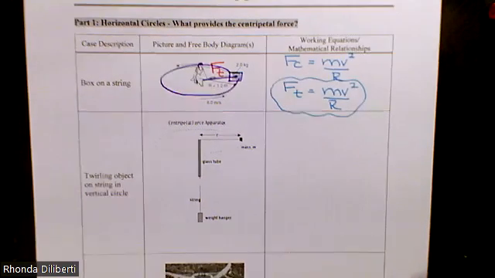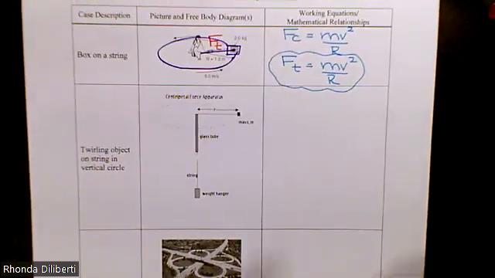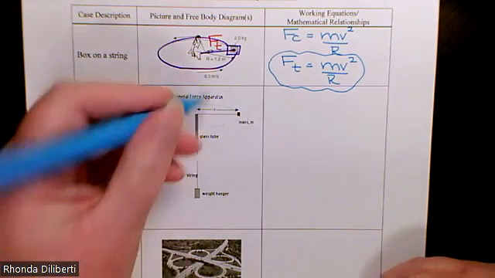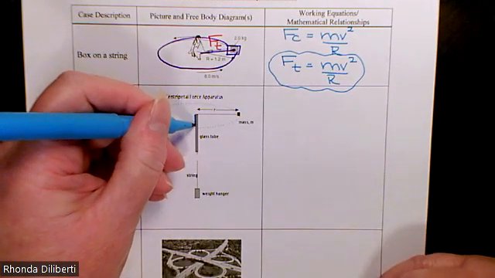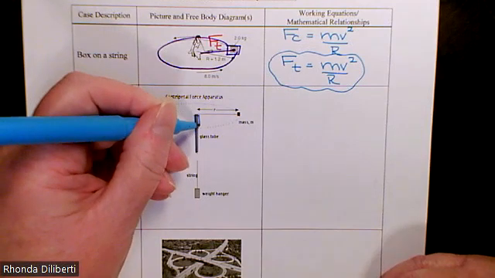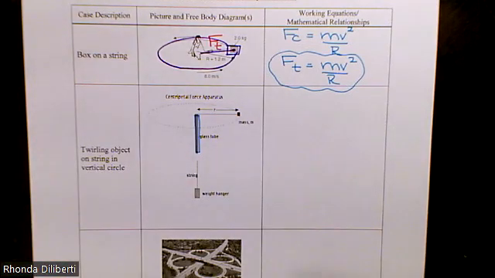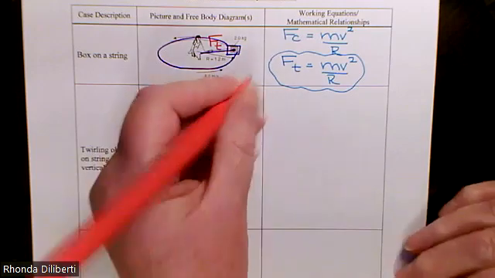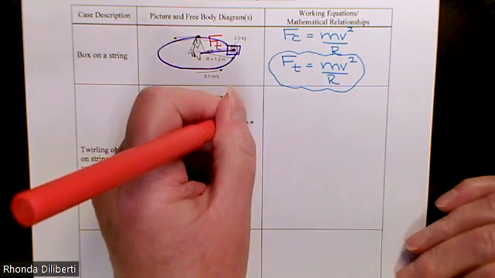All right, let's look at another one that's a little bit more complicated. So there's a classic physics lab where you take a glass tube. So here's my glass tube. And then you take a stopper. So here's the stopper.